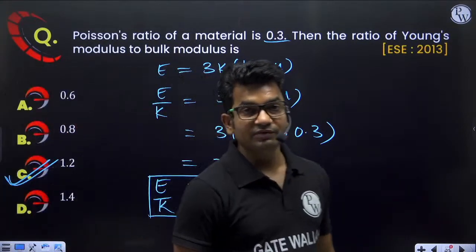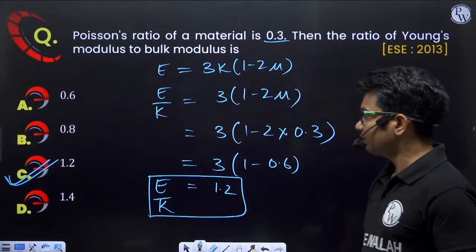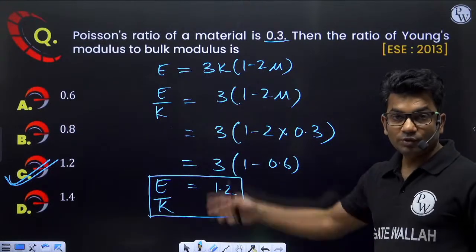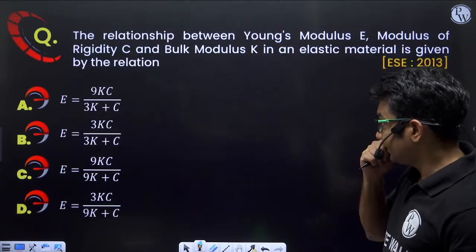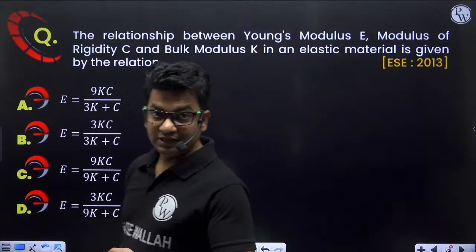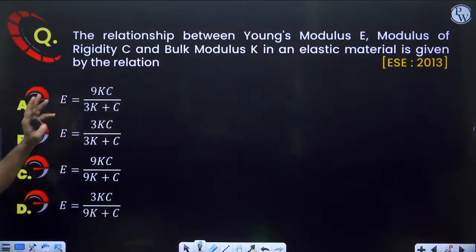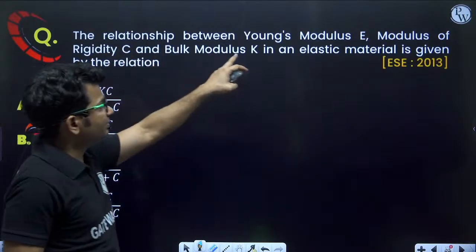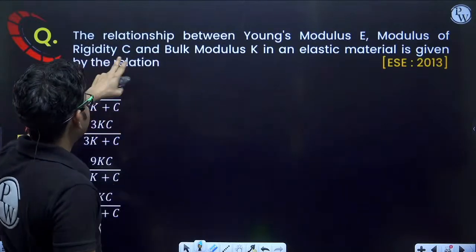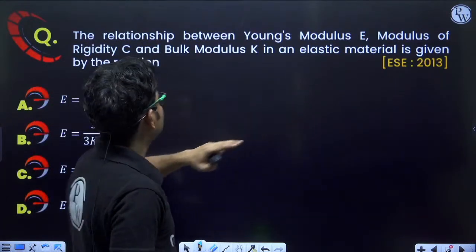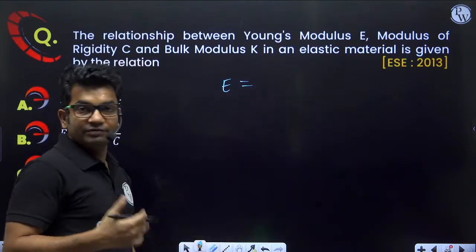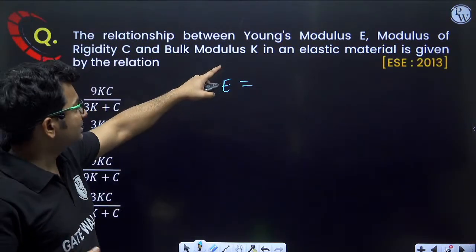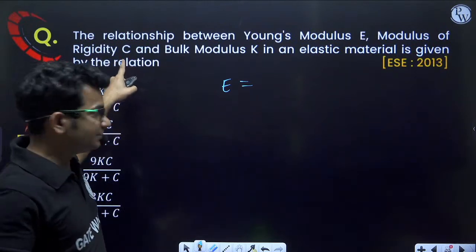So relationship between elastic constants is very important. Okay. Many questions are asked from the relationships between elastic constants. Okay. Next question. Again, you see relationship between elastic constant. The relationship between Young's modulus E, modulus of rigidity C, and bulk modulus K in an elastic material is given by. So that relationship we know, but we usually represent modulus of rigidity as G. Okay.